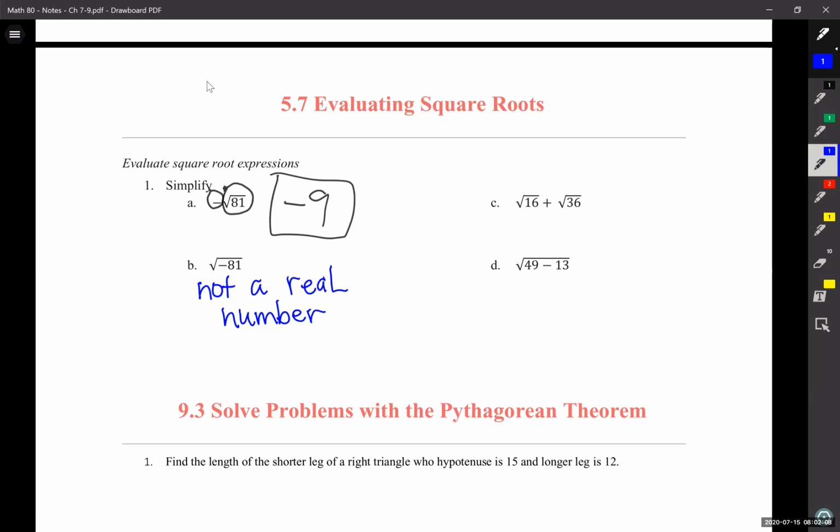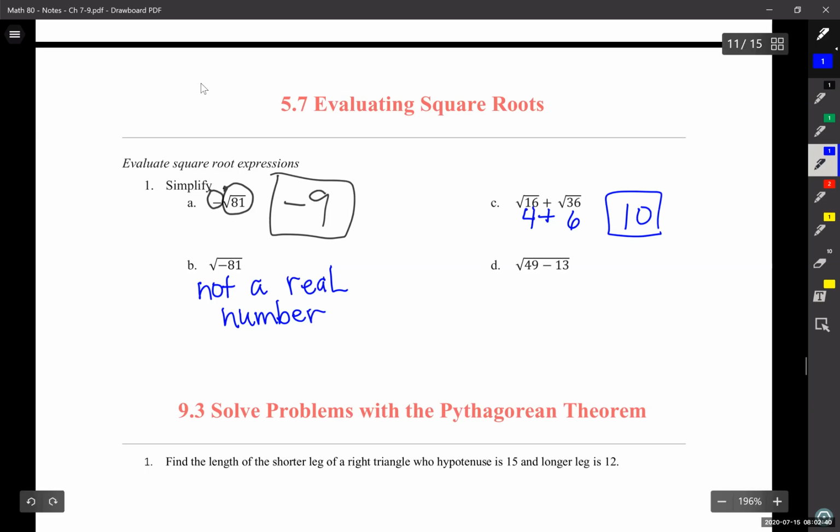Okay, for C and D, you'll notice we have some addition and subtraction going on with square roots, and they're in different locations. The square root of 16 plus the square root of 36, we know that grouping symbols come first. So I have to do the square roots first, and then I can add to get the final answer of 10.